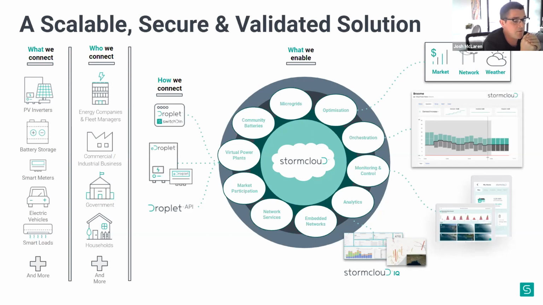With all that rich data, we've got our Storm Cloud IQ platform, which gives us some pretty great insight into how these assets are performing, and from there we can make some pretty good strategic decisions. As well, you're going to have the Storm Cloud portal for end users, which is free for all systems under 30 kilowatts. We're also going to pump some really important data into that platform, like market prices, weather, and so forth.